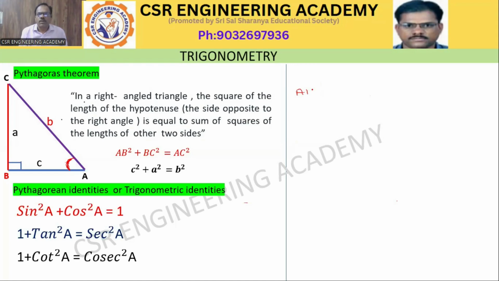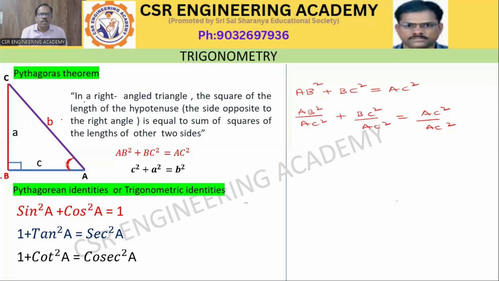By definition, AB square plus BC square is equal to AC square. Divide each term by AC square. That is AB square by AC square plus BC square by AC square is equal to AC square by AC square.